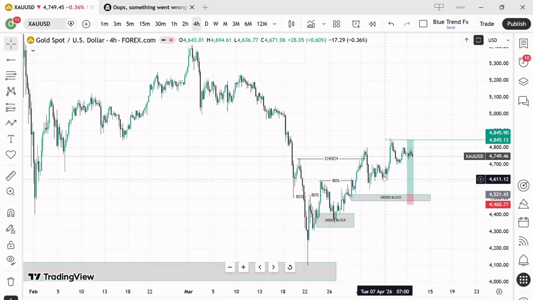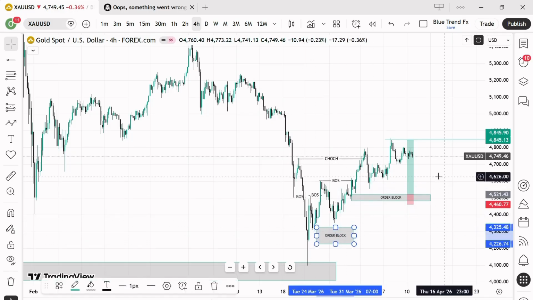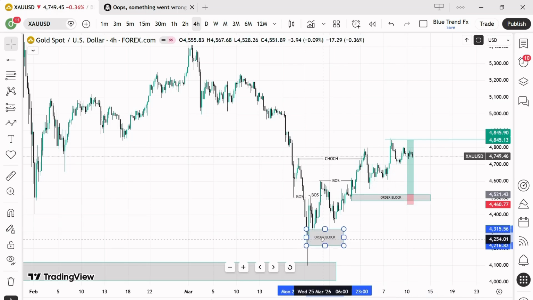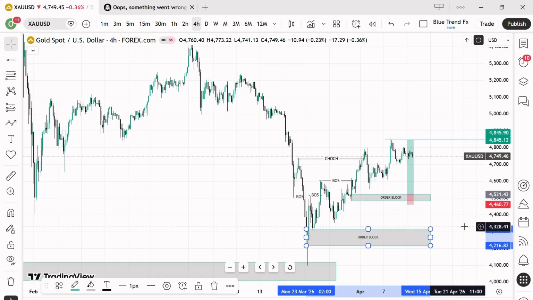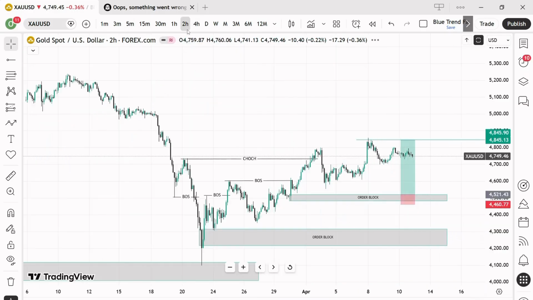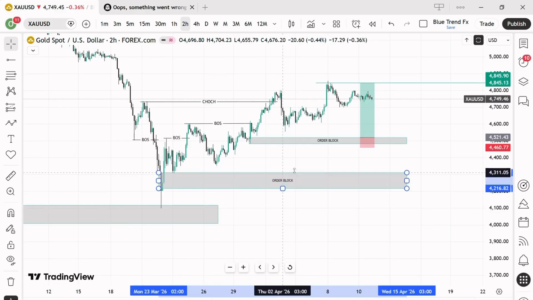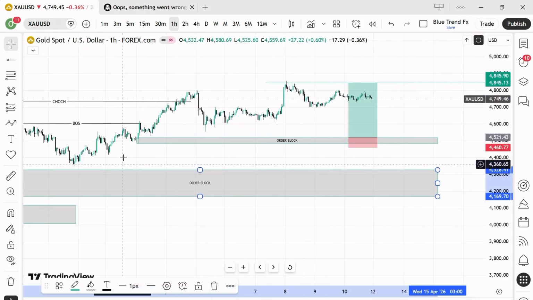However, right here is where I'll be expecting to place my trade. And if market fails to respect this level right here, it only means that we may have a slash down to this level right here.